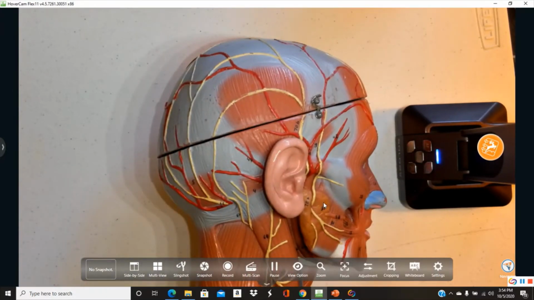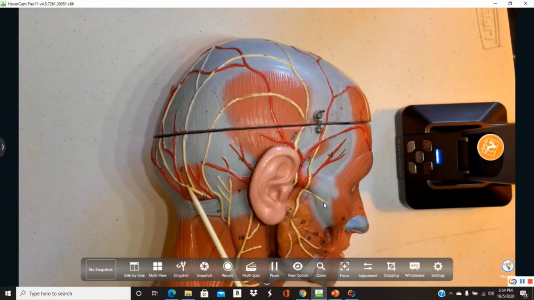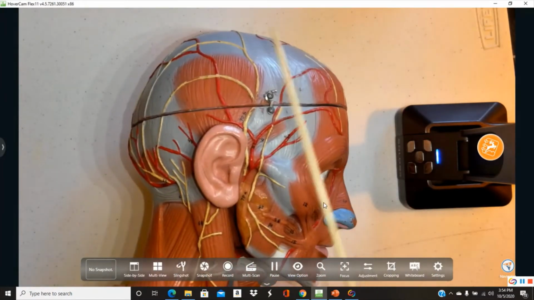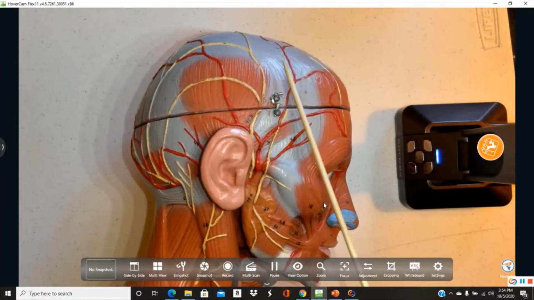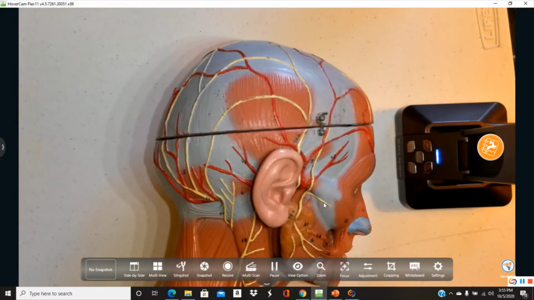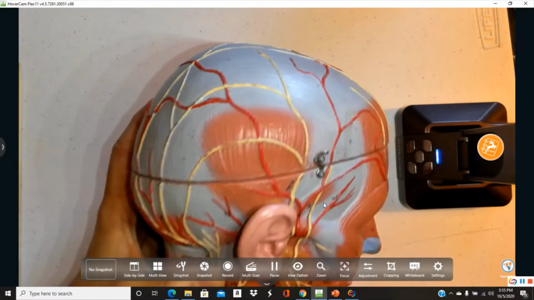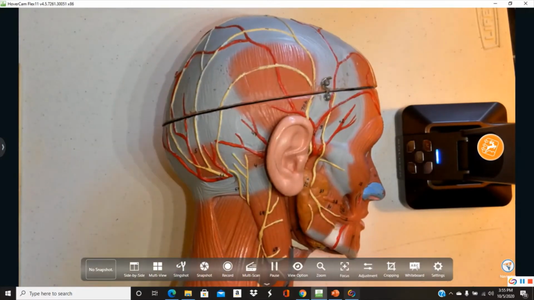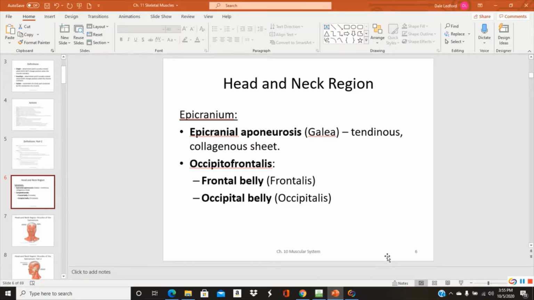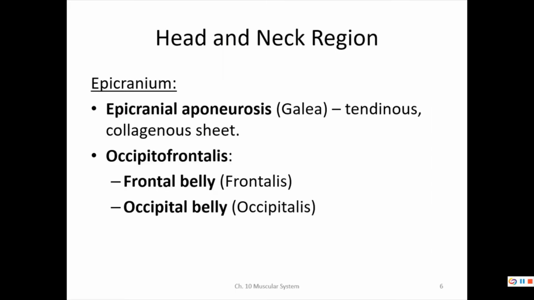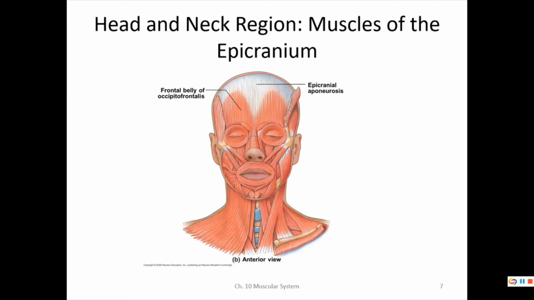So the occipital belly, the frontal belly, and the galea or epicranial aponeurosis form that top collagenous sheet. So that is our galea. You can see these diagrammatically here.